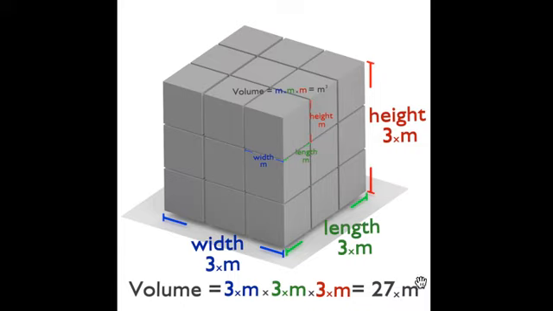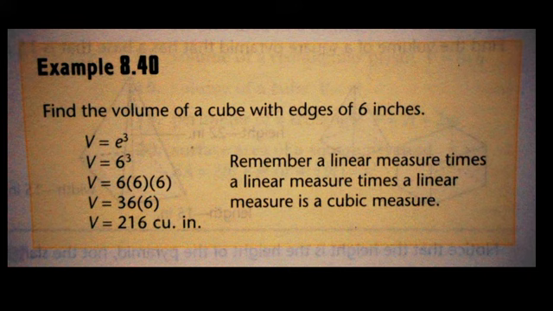That amount tells you the volume. It says that you have 27 of these small boxes of 1 cubic meter, and that's how we measure the volume.